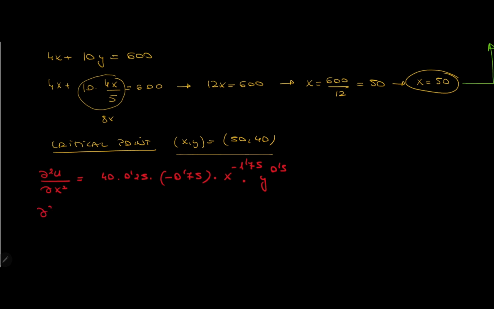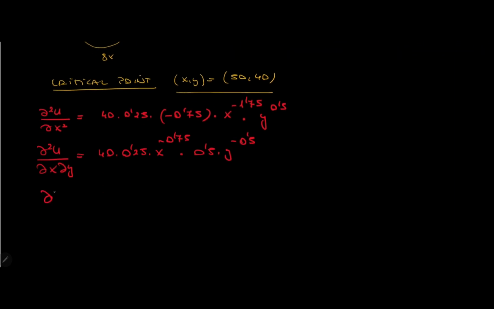And then the second order partial derivative xy is 40 times 0.25 x raised to the power of minus 0.75, that remains as a constant multiplying, and then 0.5 times y raised to the power of minus 0.5.